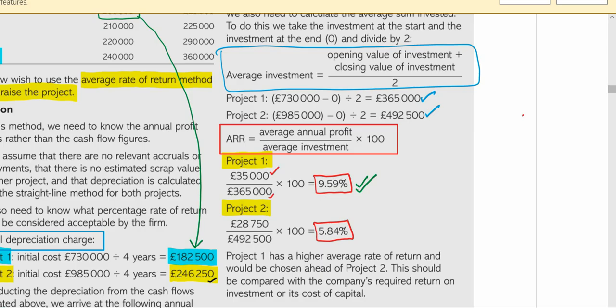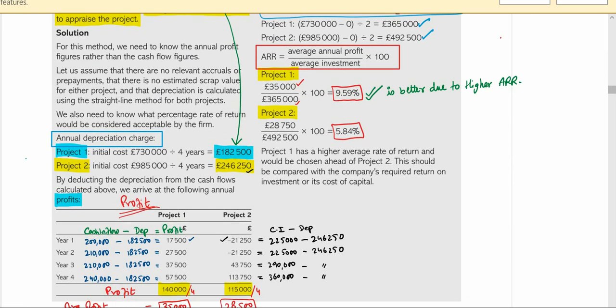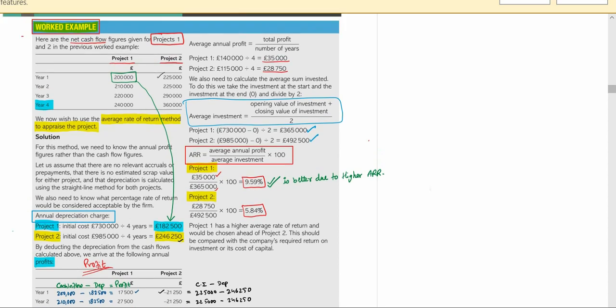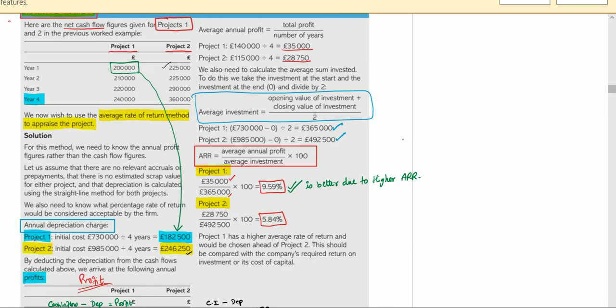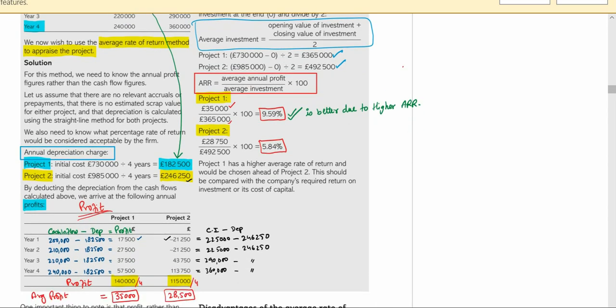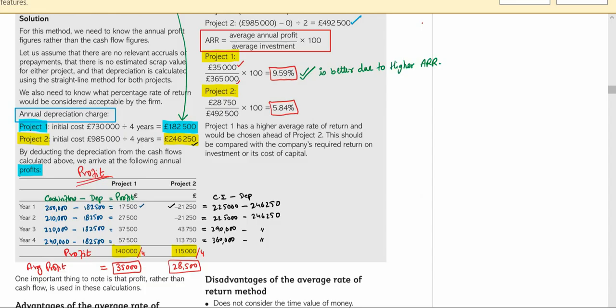So project 1 is the better way to invest, due to higher ARR. Yes, can you get this? So this is the question of ARR. Any point which you want, I may repeat it again. Yes, all is clear now.